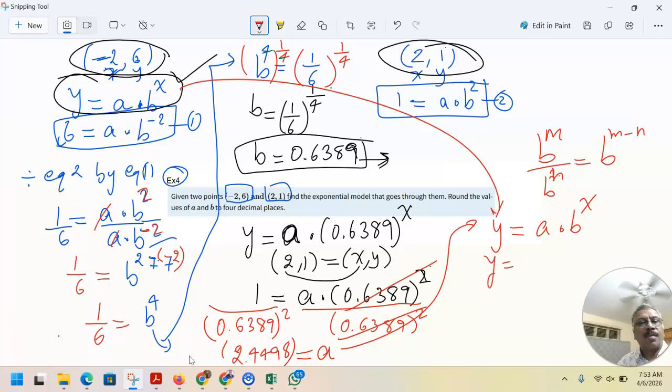So the final equation will be, so now that you have both a, so the a is 2.4498 times, and the b is this, and then you put raised to x.